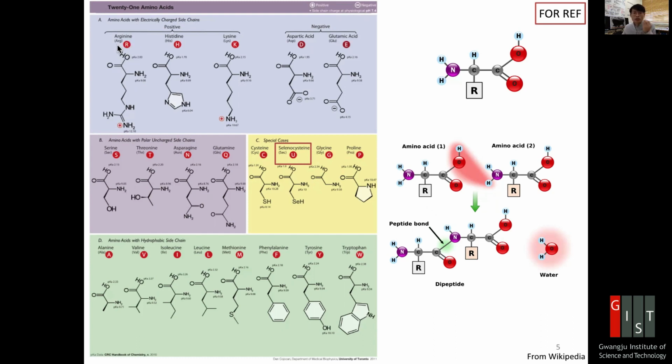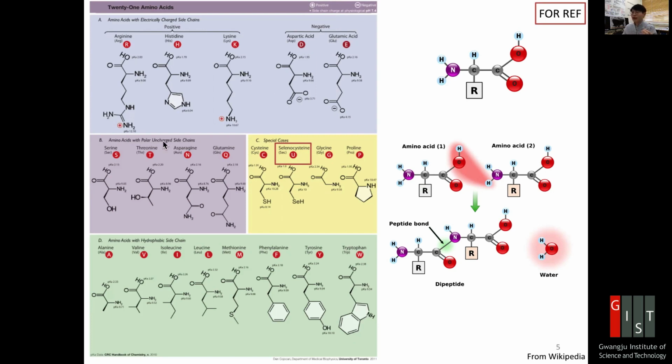We write it ARG, or biochemists, to save space and time, put it as R. So each amino acid has a full name, a 3-letter short name and even a 1-letter name. Another example, negative, for example, aspartic acid, we write it ASP or in 1 letter, D. Honestly, I'm not a biochemist. I don't remember this, but biochemists use this single letter to represent one single amino acid.